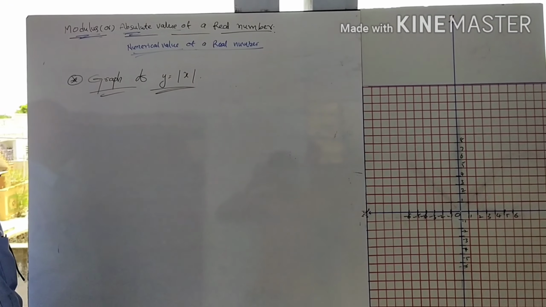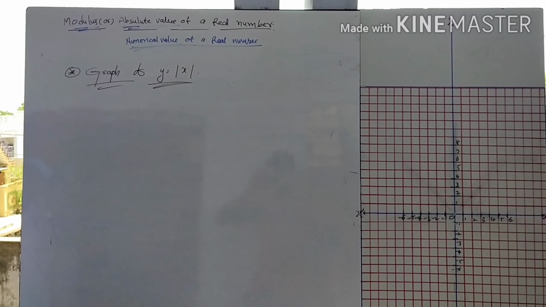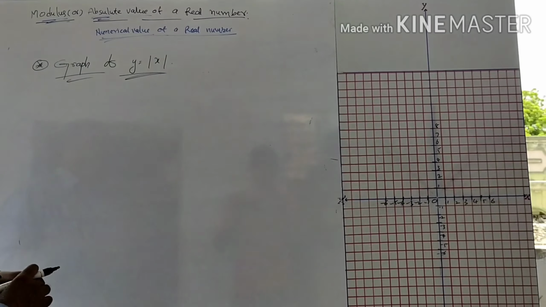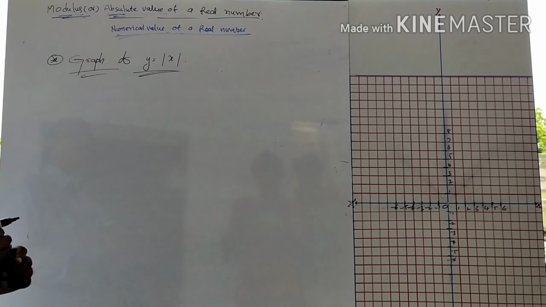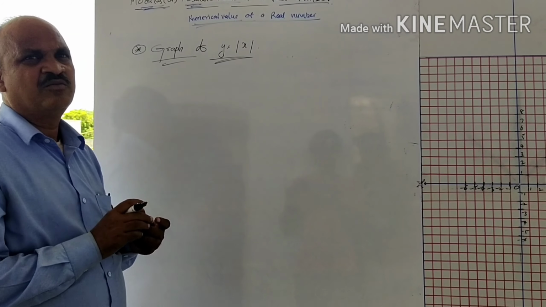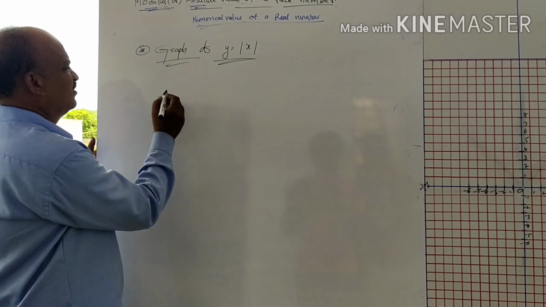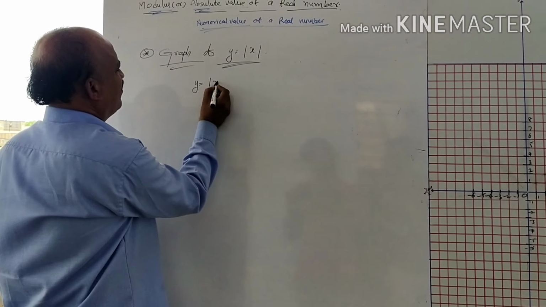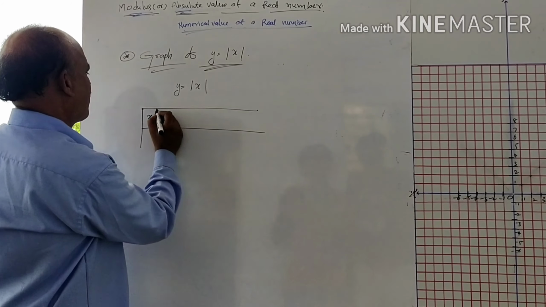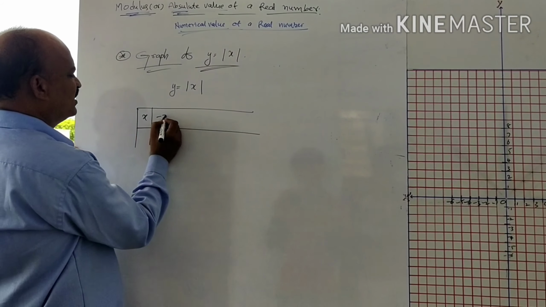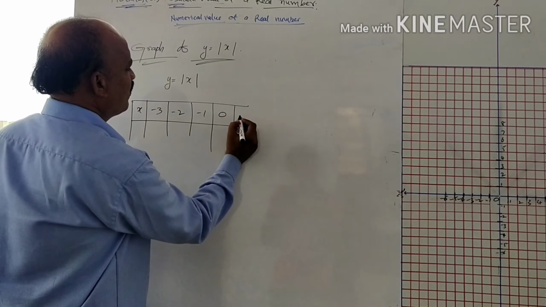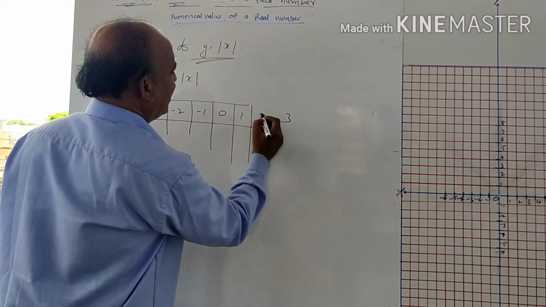Graph of y is equal to modulus x. If we draw the graph, we must represent the relation between x and y by using coordinates. Y is equal to modulus x. Here, take x values minus 3, minus 2, minus 1, 0, 1, 2 and 3.